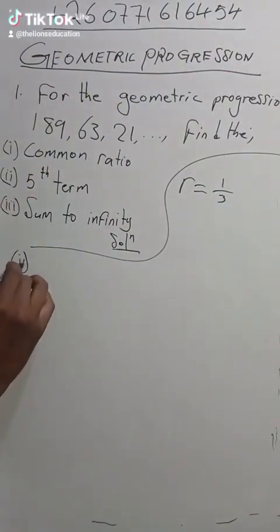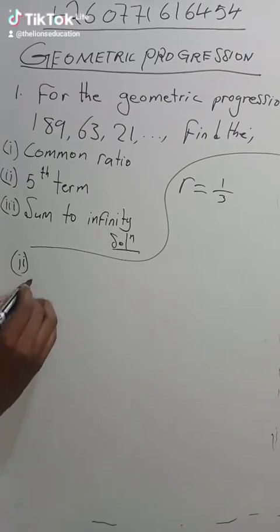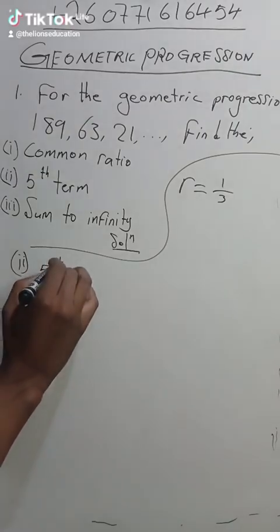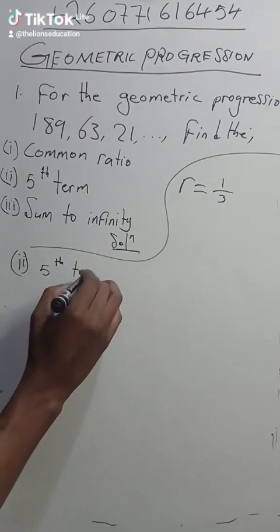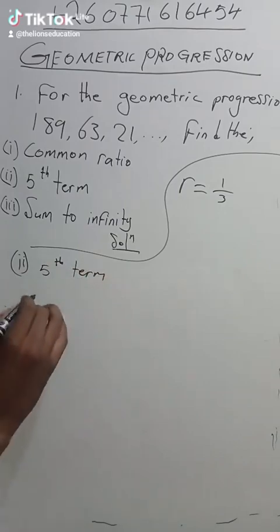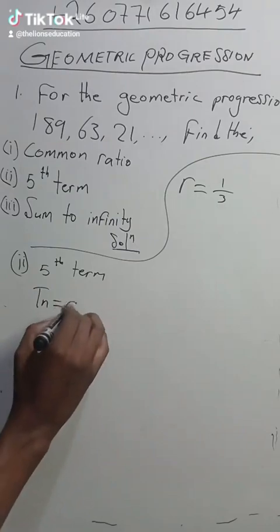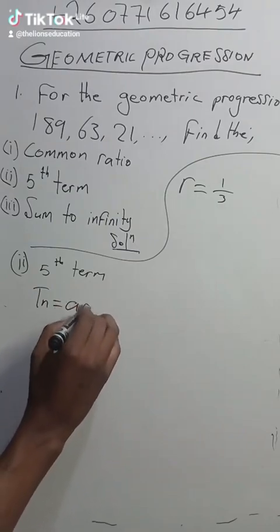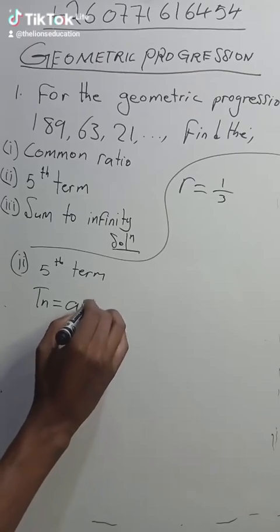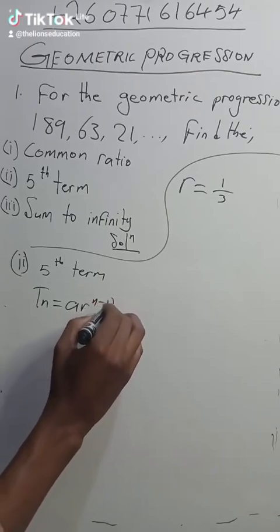For question number 2, the fifth term is equal to Tn, the general formula that we're going to use. Tn is equal to A times R to the power n minus 1.